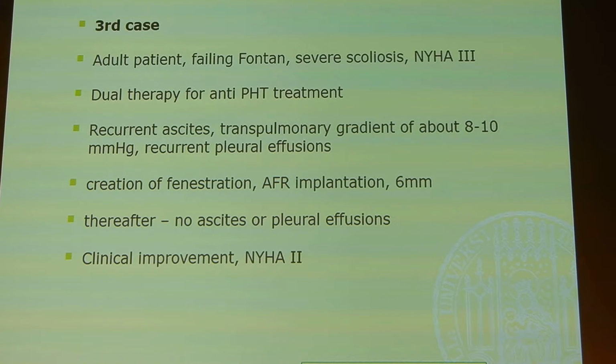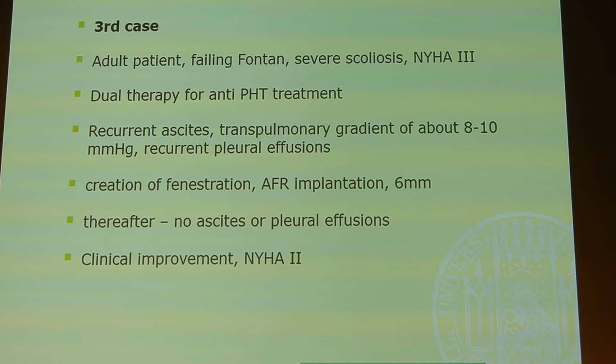The third case was an adult patient of 26 years with failing frontal circulation, severe scoliosis in functional state 3. He also had pulmonary hypertension treatment in order to improve the frontal circulation through the pulmonary vascular bed, had recurrent ascites, transpulmonary gradient of about 8 to 10 millimeters mercury, with recurrent pleural effusions as a sign of the failing frontal circulation.